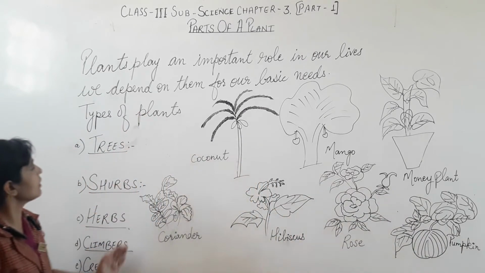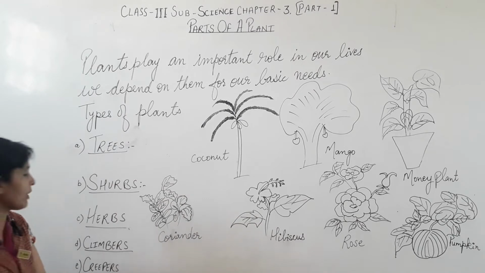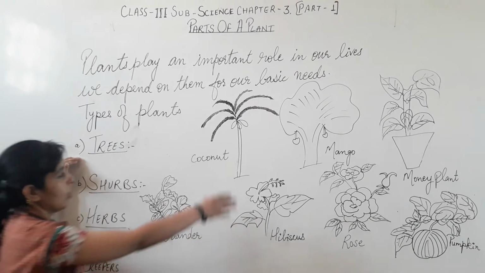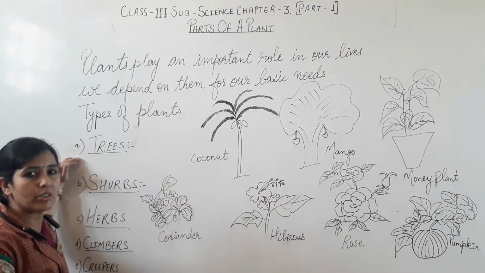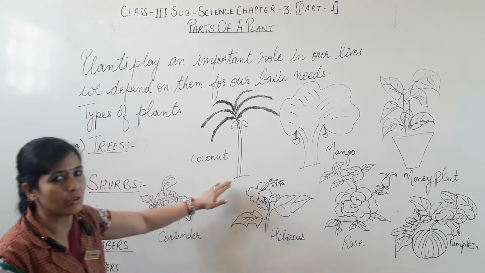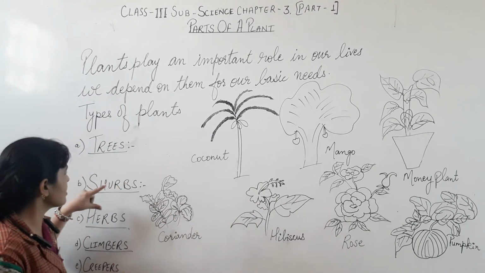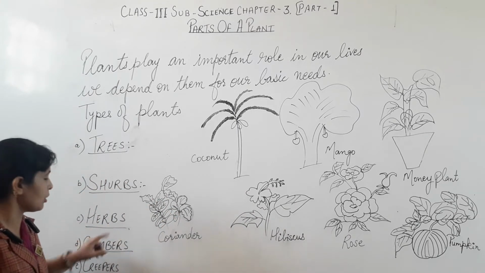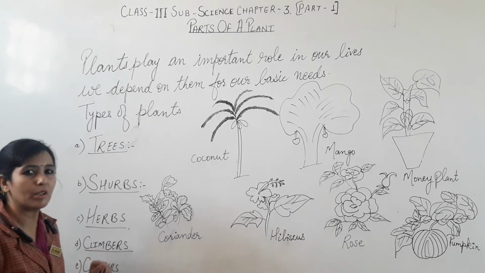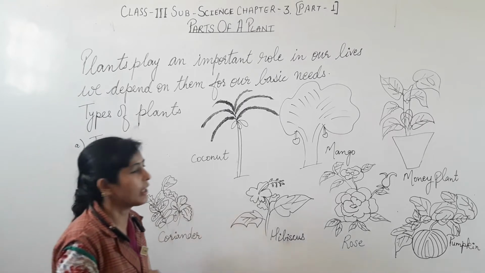So we have learned the types of plants. There are 5 categories. First category is tree, the long type of plant. The plants which have long height are known as trees. Medium sized plants are known as shrubs. Short heighted plants are known as herbs. And next are the climbers and creepers which have a weak stem.